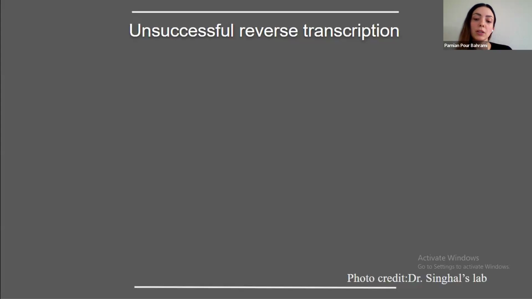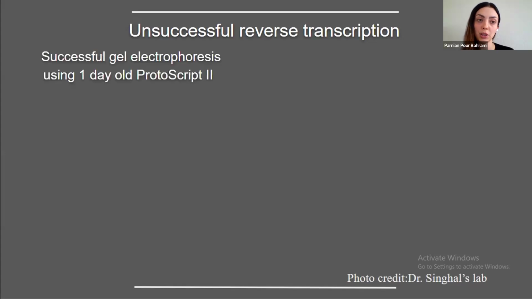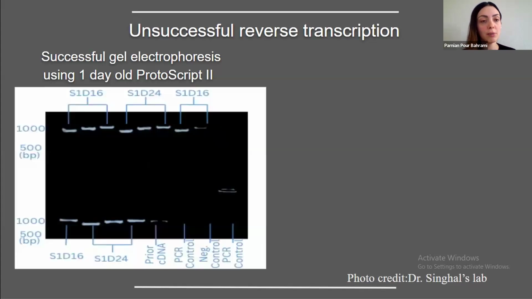In terms of collecting the data, we faced some troubleshooting in terms of reverse transcription. We had one successful gel electrophoresis using 1-day-old ProtoScript II enzyme. And as you can see in the picture, here we have our samples, S1D16, S1D24, and S1D16 again.